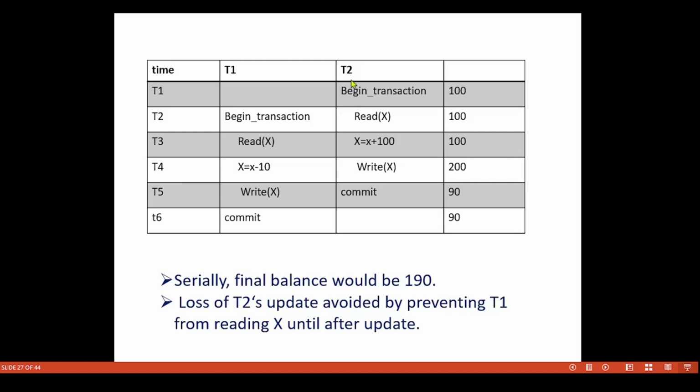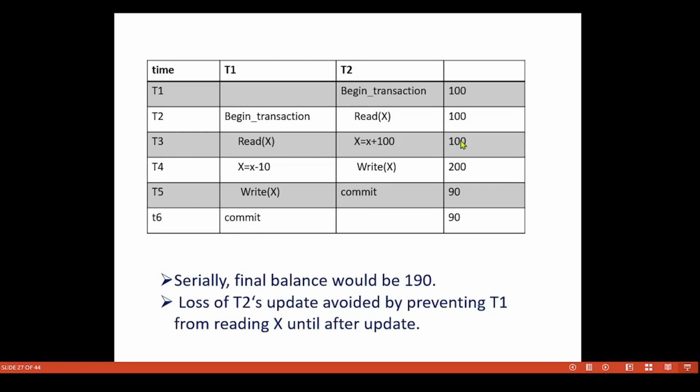So when you look at these transactions, T1 begins a transaction at time T1, and T2 begins a transaction at time T2. T1 reads the value of account A equal to 100. T2 also reads the value X equal to 100, and T2 updates the value X plus 100.